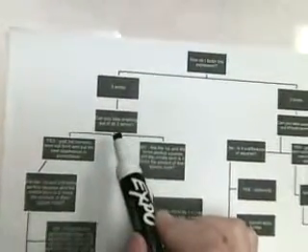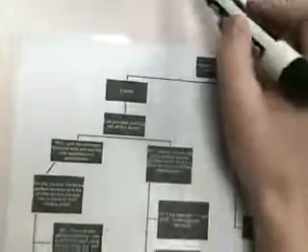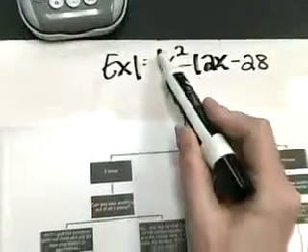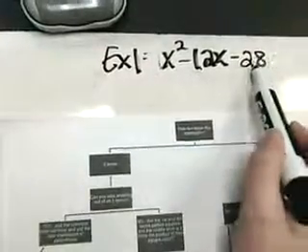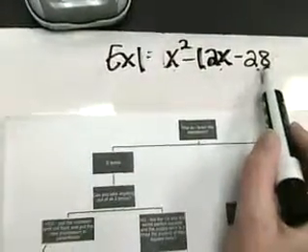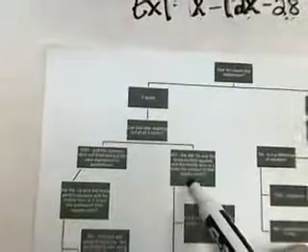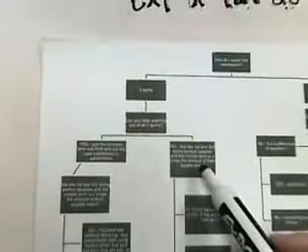The first question says, can I take anything out? Do they have anything in common? Remember, there's a 1 here, even if I can't see it. They don't have any numbers in common besides 1 that could be divided out. They don't all have x's, so an x can't be divided out. So no.